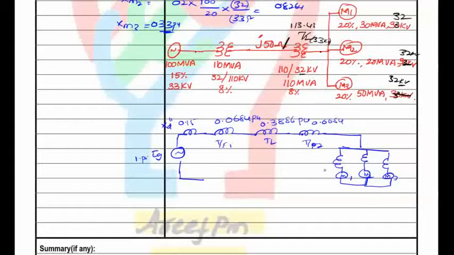How much did we get? 0.551, 0.82, and 0.33 reactance here. All are represented with j because they are reactances. So j, j, j here. So this is the per unit reactance diagram for this entire network.